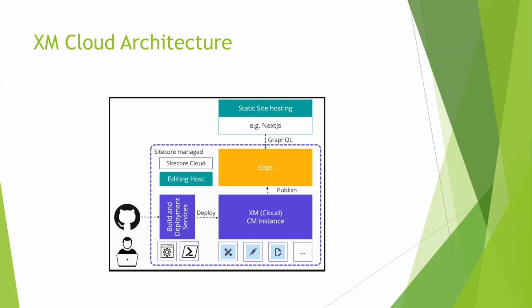There is one component called GraphQL for the front-end host. The front-end host routes all data to the web through GraphQL. This is the basic architecture XM Cloud is using. So now we know how XP, or on-premises, works and how XM Cloud works. So we know the major difference.